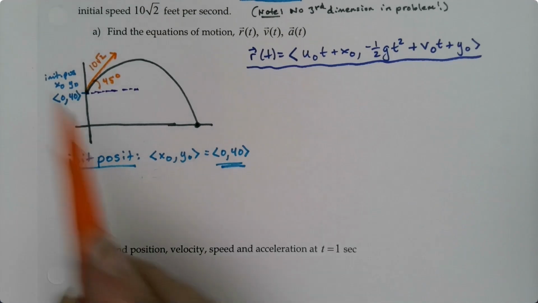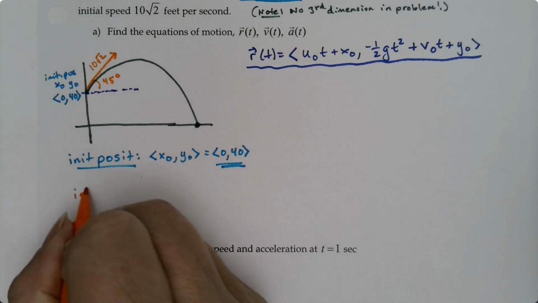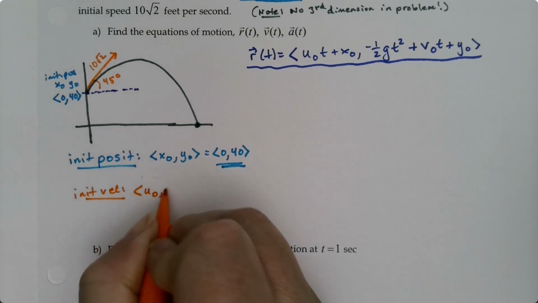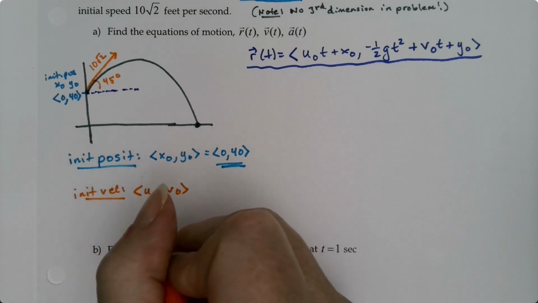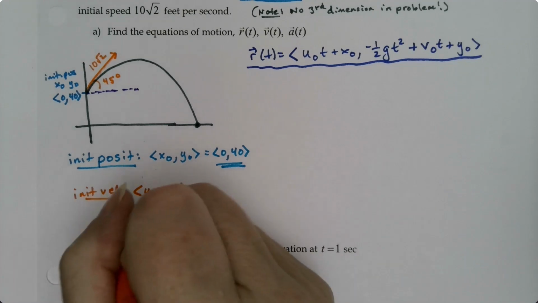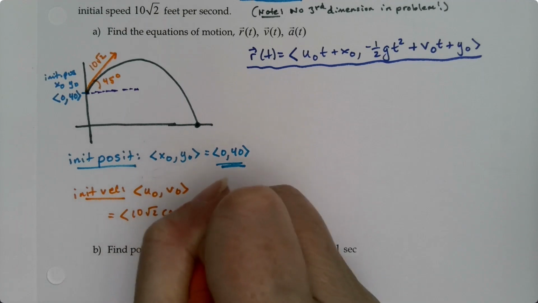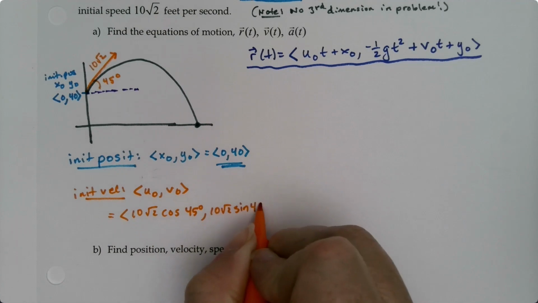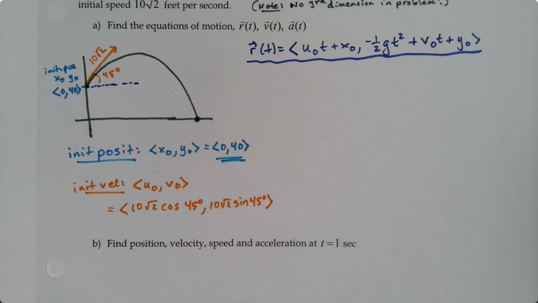We remember how to find a vector like that. So the initial velocity is u0, v0, which would be 10 square root of 2 times the cosine of 45, and then 10 square root of 2 times the sine of 45. We learned that earlier in the same unit.